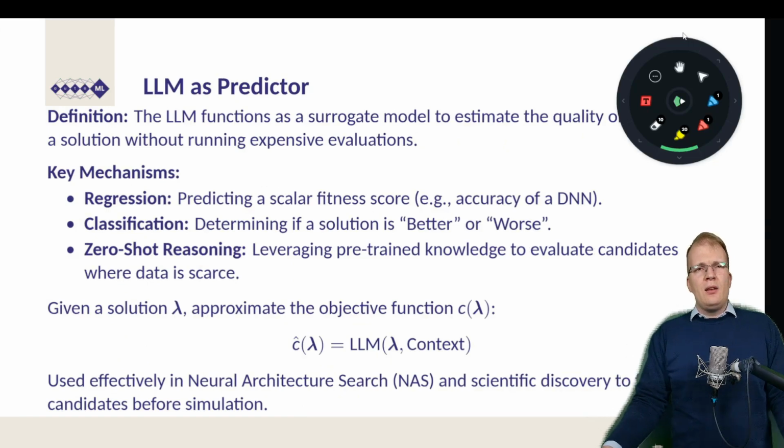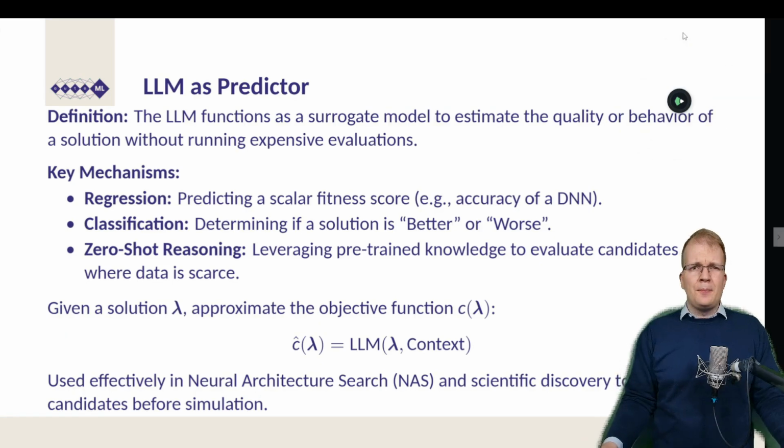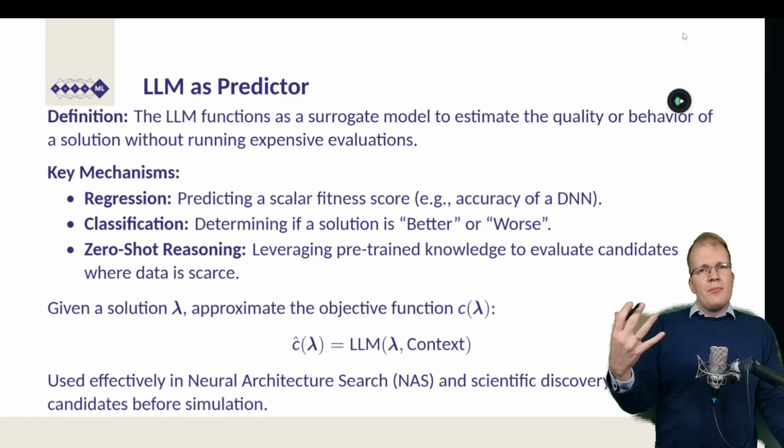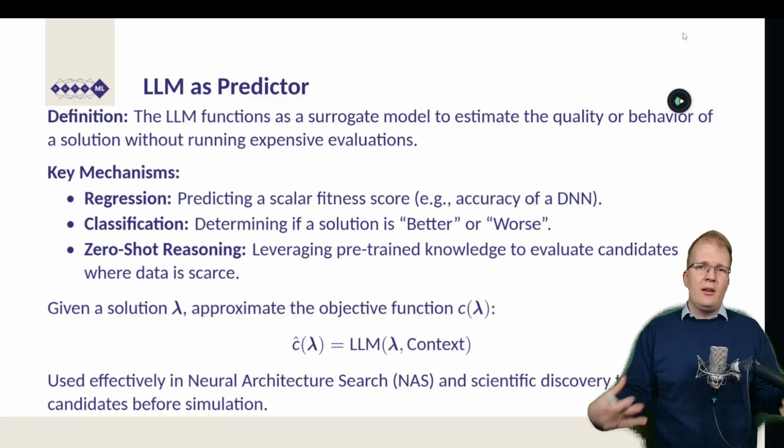Furthermore, we can use the LLM as a predictor, which means that we're using it more as a surrogate model, as in Bayesian optimization, to estimate the quality or behavior of a solution without really running the expensive evaluation.